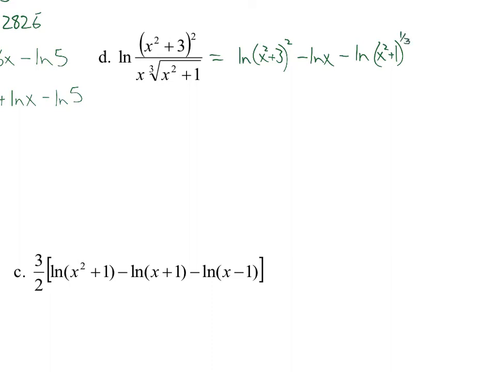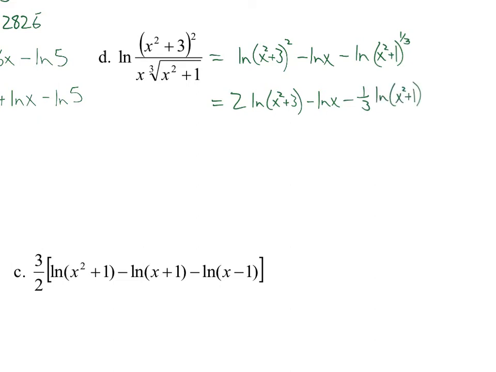So I'll put that to the 1/3 power. Then you can do ln x squared plus 3 plus ln x squared plus 3, or just make it 2 times ln of x squared plus 3 minus ln of x minus 1/3 ln of x squared plus 1.